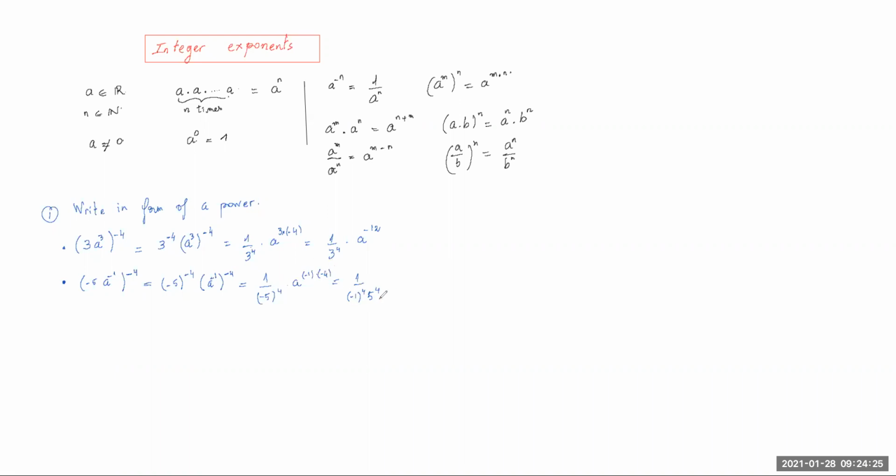Compute it. It's much easier than computing 5 to power 4. And here you have a power 4. Okay, multiply. So you have here finally 1 over 5 power 4, because minus 1 times minus 1 is 1. Okay, a power 4. So it's similar.